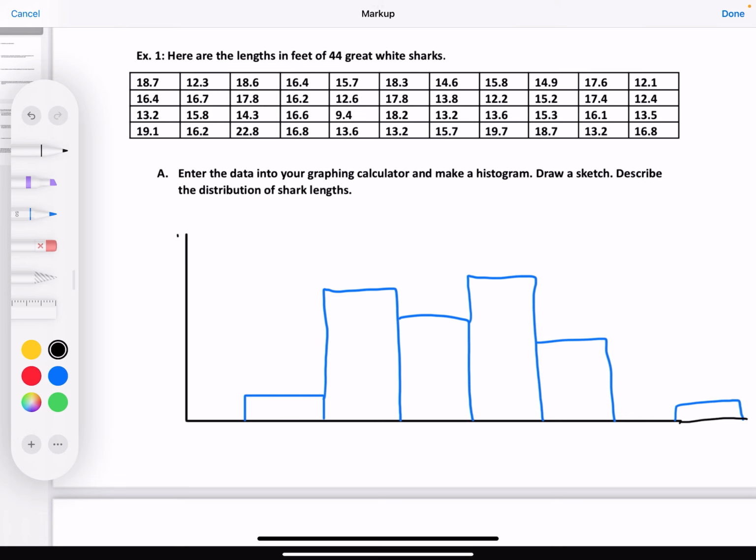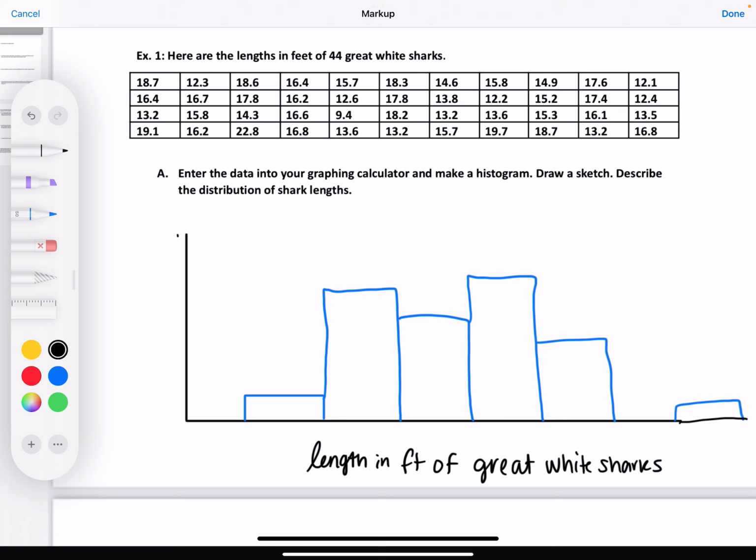I don't know. It should look something kind of roughly like that, I think. Ballpark. Is that what y'all's looks like?